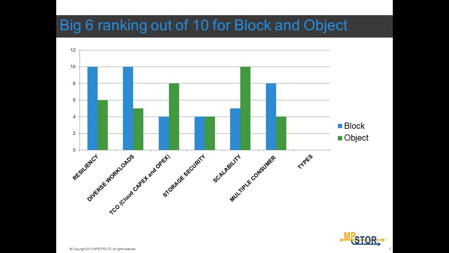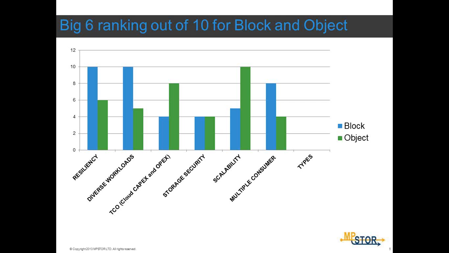In terms of the total cost of ownership, object storage is open source software. It will run on pretty standard hardware and commodity type storage media. So I think all in all it probably has a better score than block storage, especially if that block storage is coming from a proprietary vendor where the block storage costs can become very, very high very quickly.